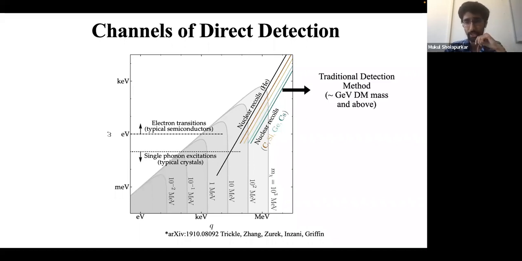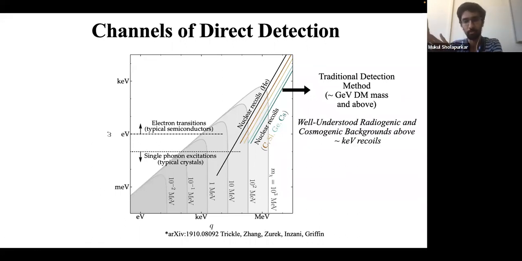Traditionally, we have been looking for elastic nuclear recoils of candidates like weakly interacting massive particles, or WIMPs, which typically live above the GeV scale. For dark matter masses of GeV and above, this works really well.